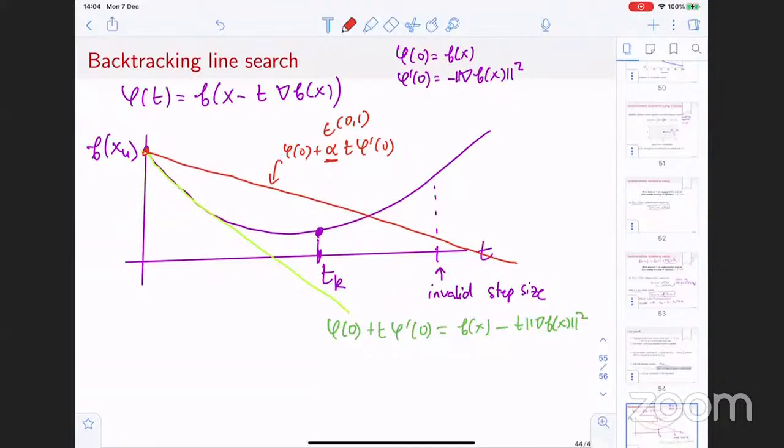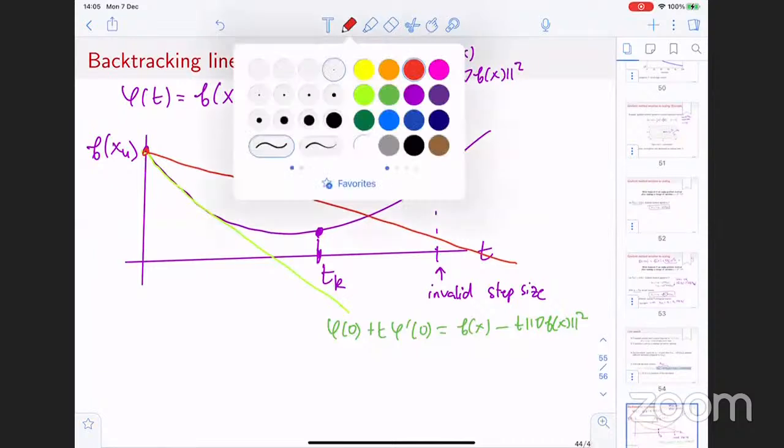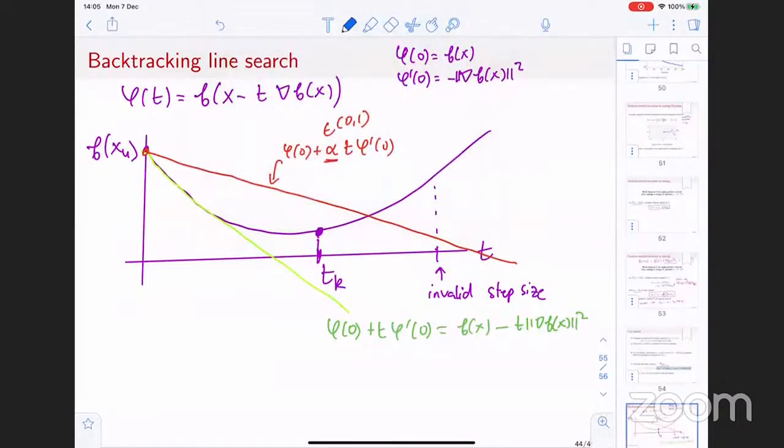So backtracking line search, which is the title of this slide, the way this is typically done in practice is that you start with a large enough value of t, and then you keep decreasing t until the sufficient decrease criterion is satisfied.